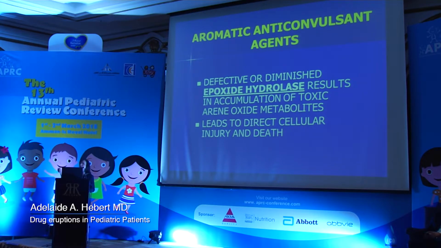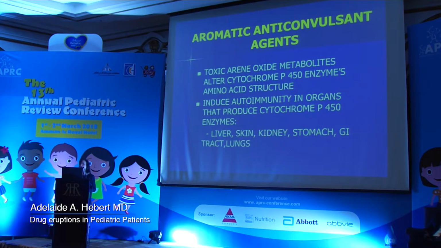These metabolites tend to accumulate, and they lead to direct injury at the cellular level as well as cellular death. And this is represented most clearly in the skin on visual exam, but it can occur in the liver, in the kidneys, and in other organ systems as well.